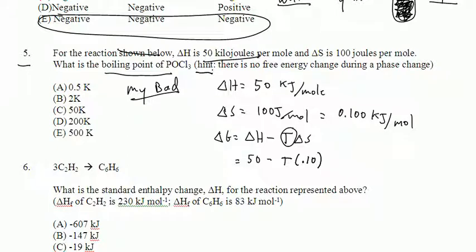Notice it tells us that there is no free energy change during a phase change. So we're talking about the boiling point, so we must be talking about the phase change of going from a liquid to a gas. That means that delta G is 0 in this case. Isolating T will give us T equals 500 degrees Kelvin, making the choice E.